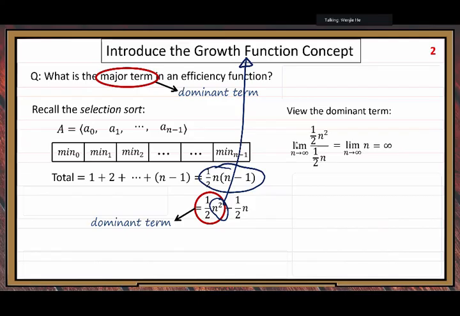When n is not that large, we don't have a problem. Our current computing power can handle n not that large.